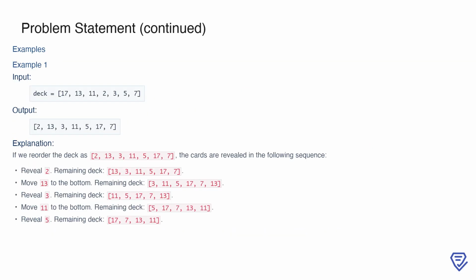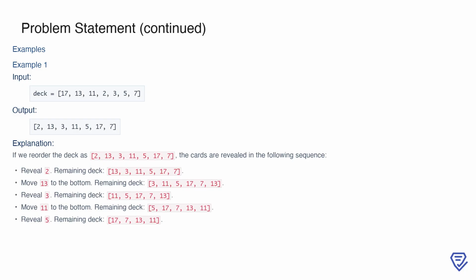To better understand the problem, let's look at an example. Suppose the input deck is 17, 13, 11, 2, 3, 5, 7. If we reorder the deck as 2, 13, 3, 11, 5, 17, 7, the cards will be revealed in increasing order. Here's the sequence. First, 2 is revealed, leaving 13, 3, 11, 5, 17, 7.